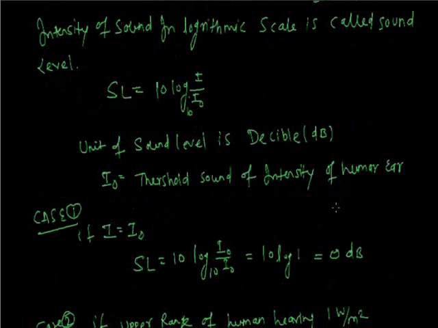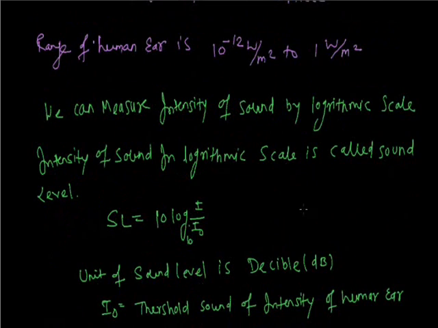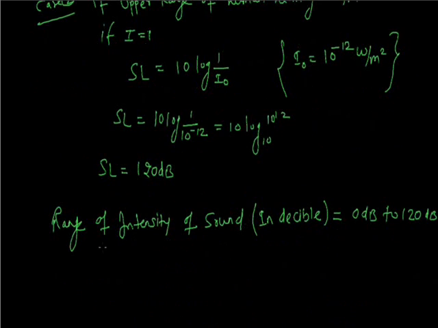Clear? So that is the intensity of sound, 10 log I upon I naught, where I naught is the threshold sound intensity, or we can say the minimum intensity of sound, and the range of the intensity of sound is 0 decibel to 120 decibel.